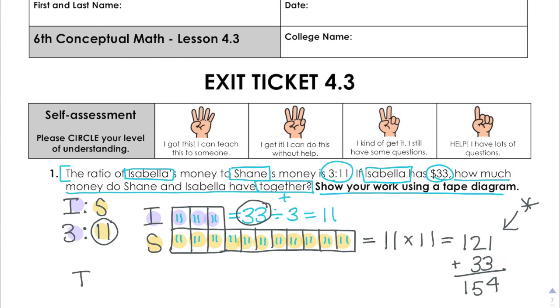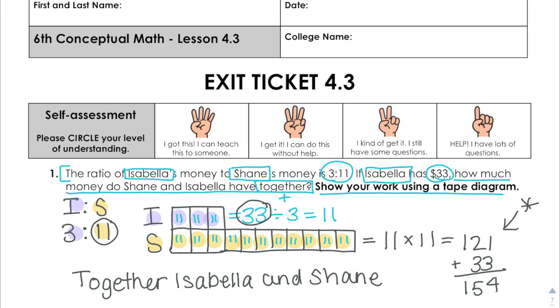So together, Isabella and Shane have $154.